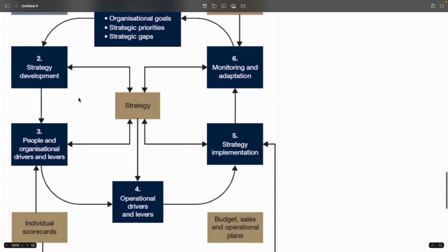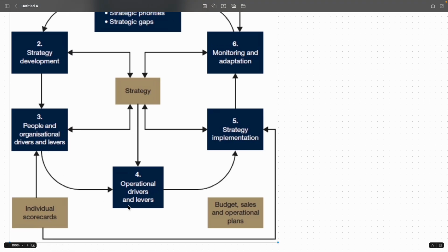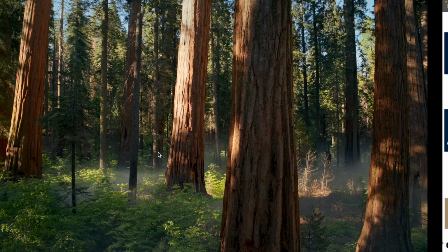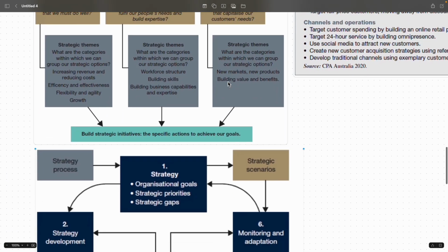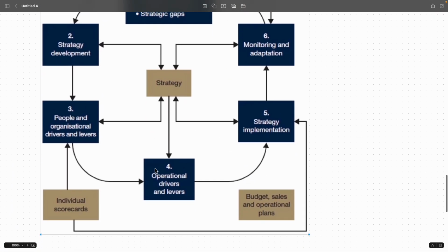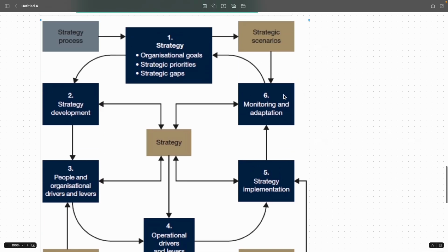From there, your people and organization driver levels. Then you have your operational drivers. Then you have product and service levels. Then you have your strategic implementation, and then you monitor and adapt accordingly.